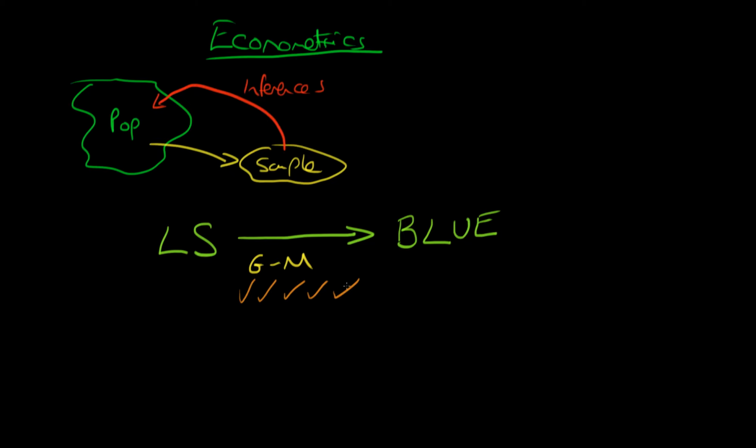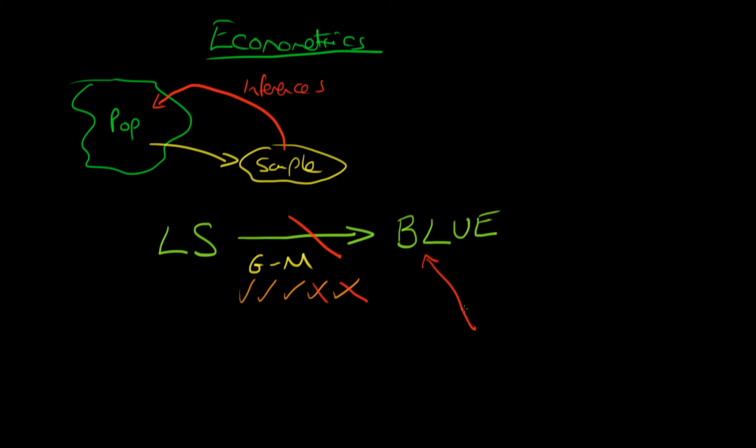The second part of the course is going to be, okay, how do we diagnose whether these assumptions are being satisfied? And furthermore, if one or more of them is not satisfied, then it turns out that least squares estimators are no longer BLUE. They're no longer a good tool to make inferences about the population.